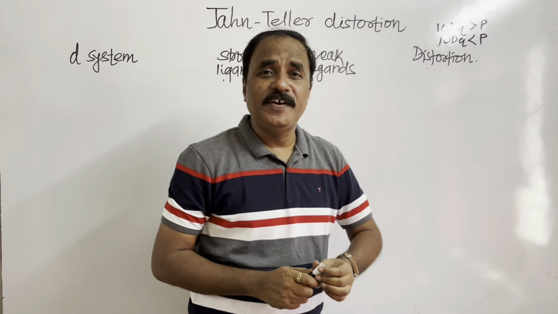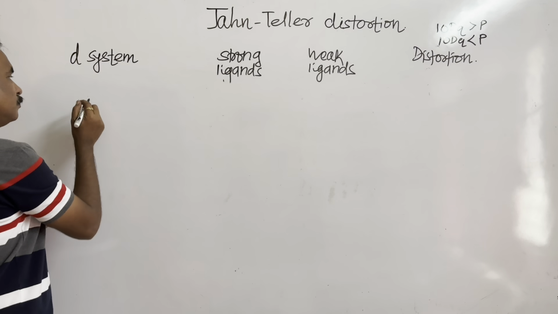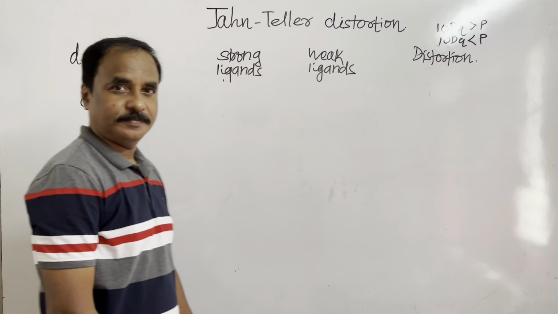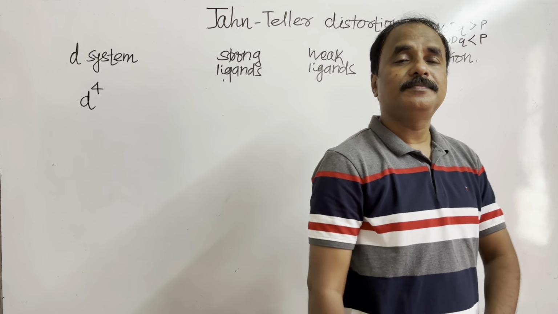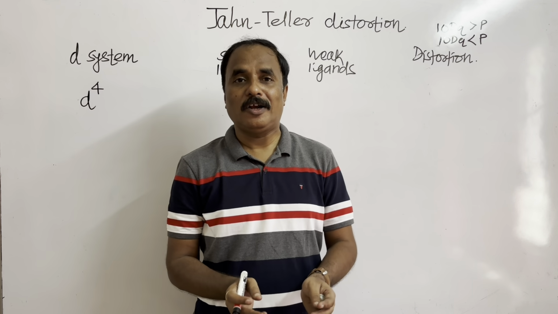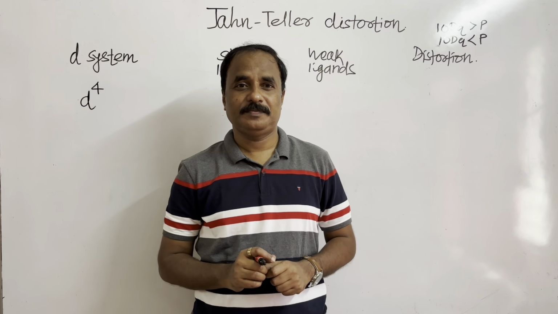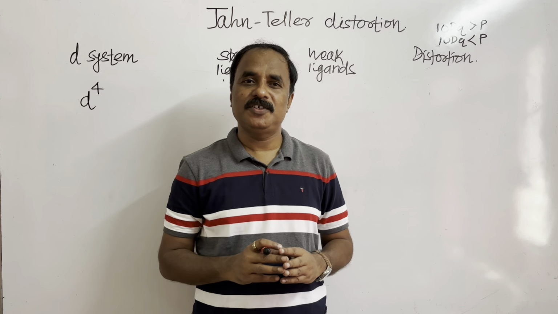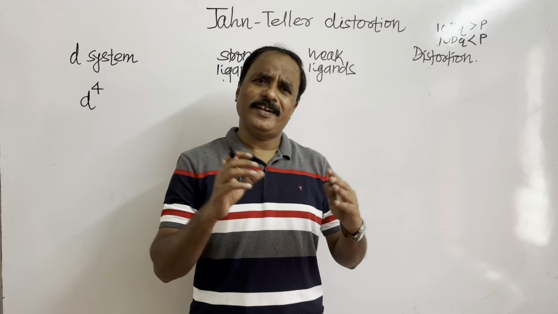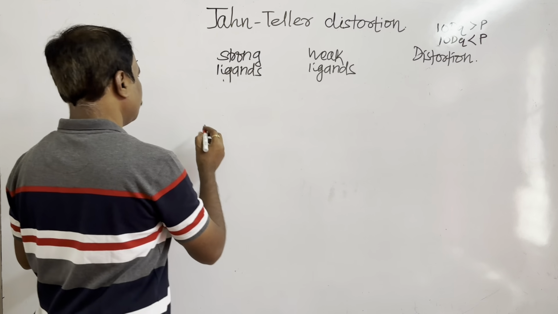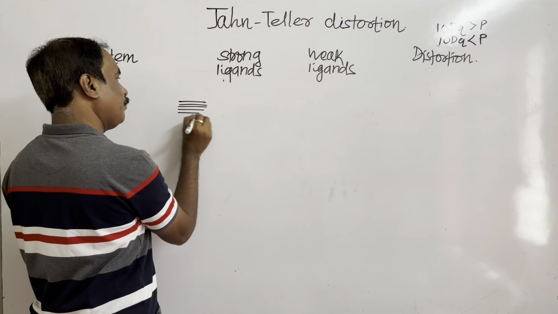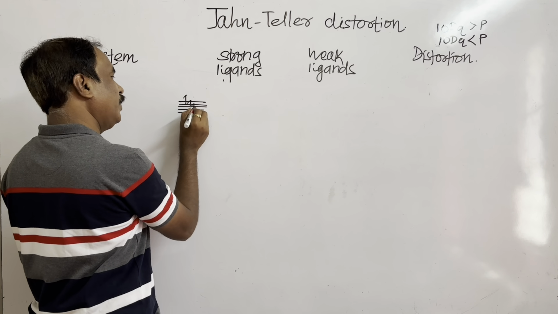When system is d4 and 4 electrons in d atomic orbitals, geometry octahedral, splitting of d atomic orbitals when there is attack of strong ligands, splitting, here 4 electrons are there, 1, 2, 3, 4.